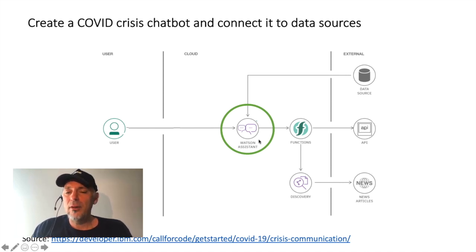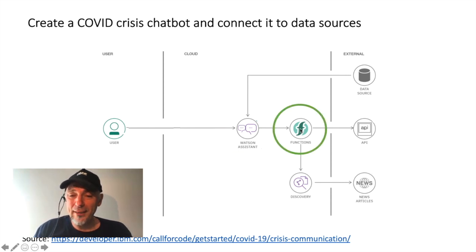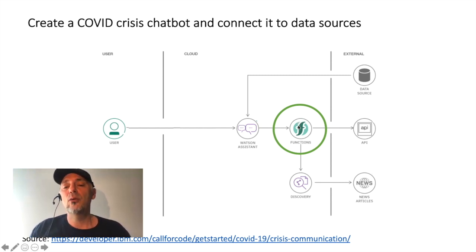For us, it's important how to get the information from information resources. For that, we use the integration with webhooks, with the API, and with our runtime, the serverless solution called Functions on IBM Cloud.